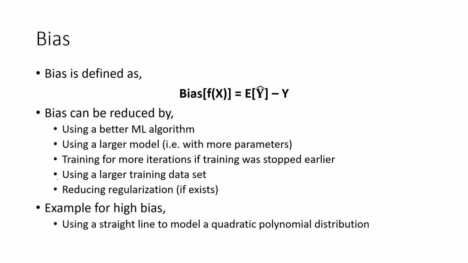You may need more data to train the model. If you are using less data, you will be having the bias, right? As we said earlier, the thing we will be discussing today, the technique known as regularization, can reduce it. So we will discuss it later.